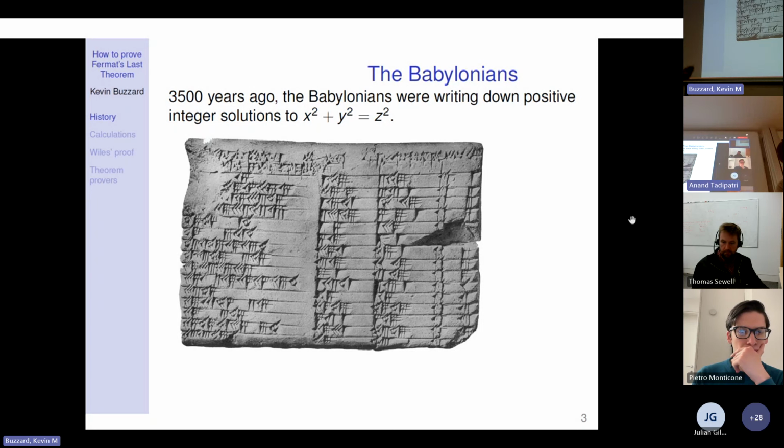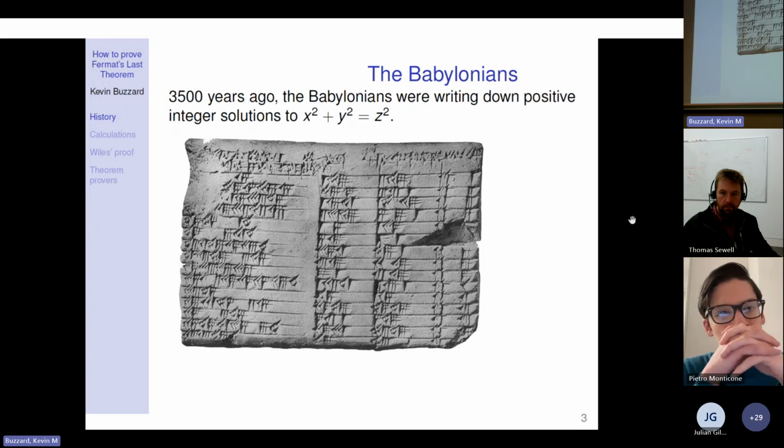I don't know if they even knew this whole right angle triangle business, but independent of that, Pythagoras' theorem is about real numbers, right? So you can still ask about integer solutions, whether or not you know the relationship to triangles. And you might just imagine that the first one would be 3 squared add 4 squared is 5 squared.